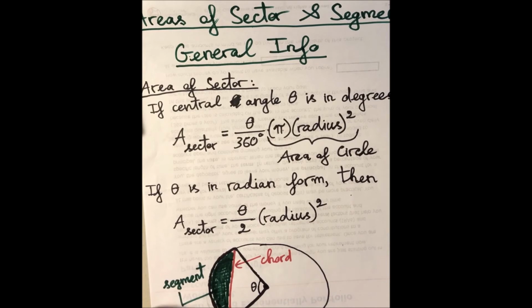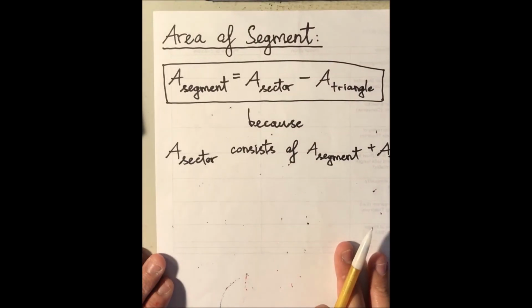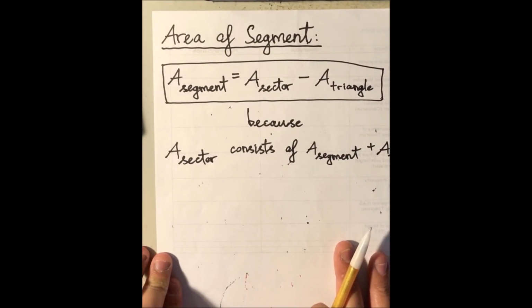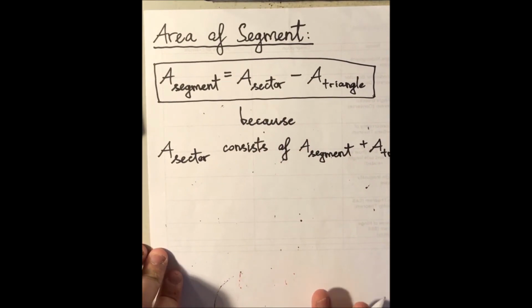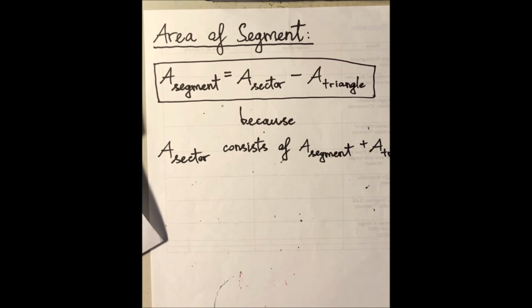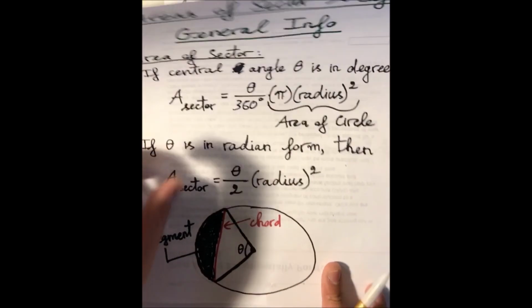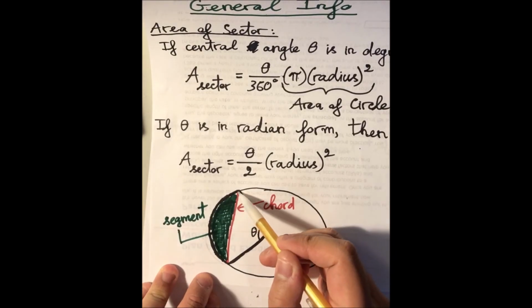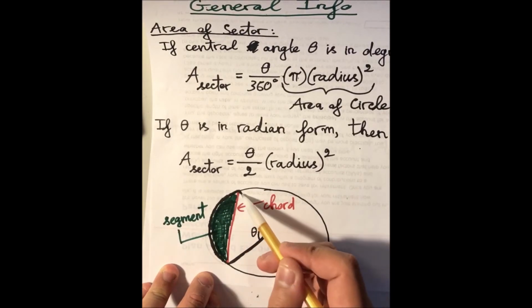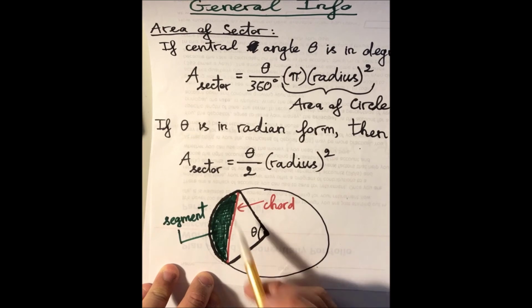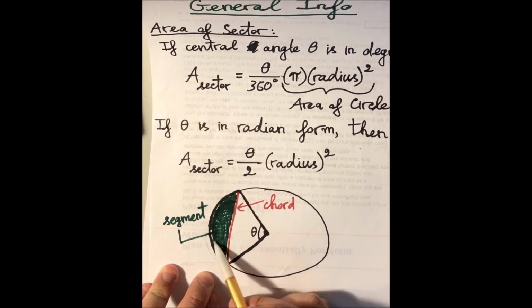Now, what about the area of a segment? Well, the area of a segment can be found by subtracting the area of a triangle from the area of a sector, because the area of a sector consists of the area of a segment plus the area of a triangle. So going back to this general figure, you have a sector right here. But inside the sector, you have a segment, which is this part shaded in green, and you have a triangle right here.